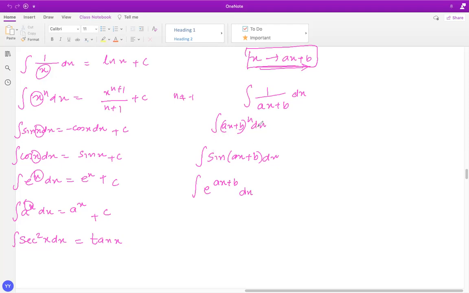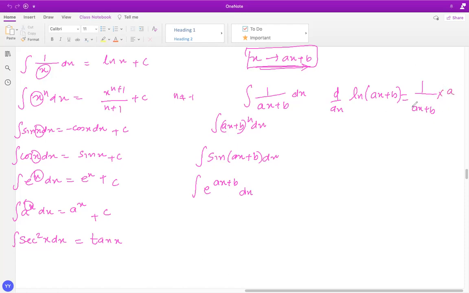So when you integrate this, actually the procedure is pretty simple. I'll just explain through one line of reasoning. Now I'm considering the derivative of ln of ax plus b. The derivative of ln of ax plus b is 1 over ax plus b times a.